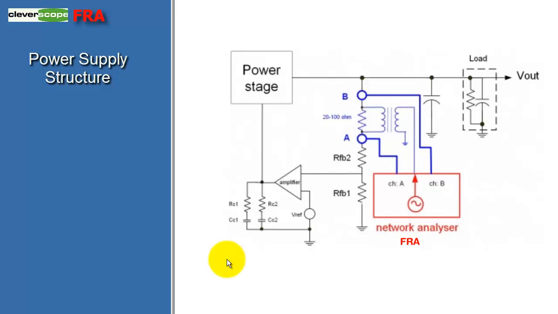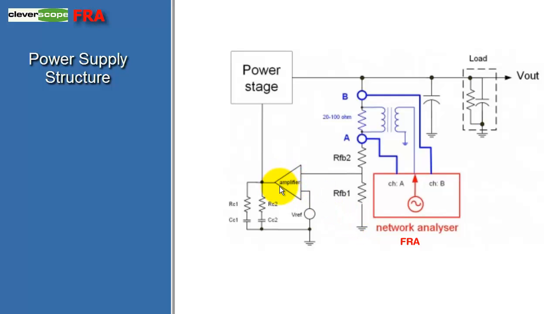Let's look at the structure of a power supply. Up here we have the power stage, which feeds the power through to the unit under test. Here we have the error amplifier, which includes a compensation network, which is used to make sure that the phase margin is optimal. Here we pick off a portion of the output voltage. This is used for feedback.